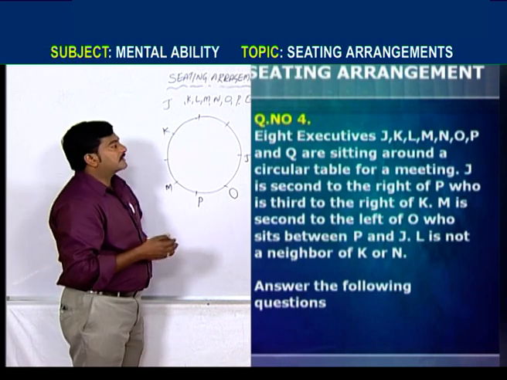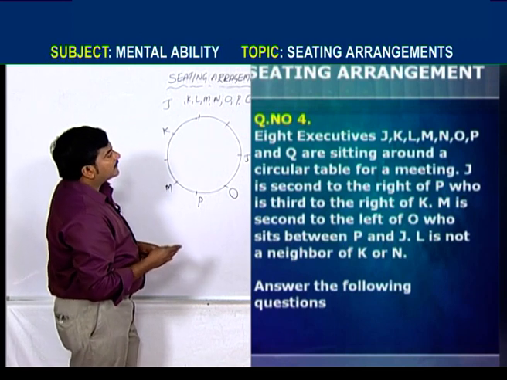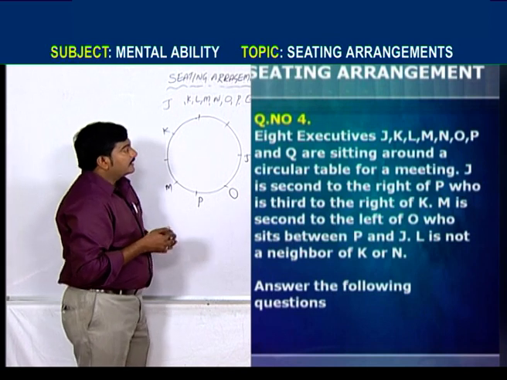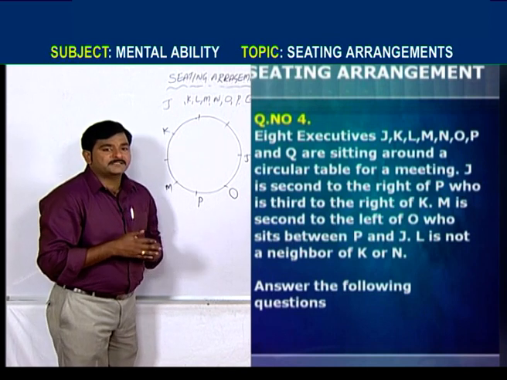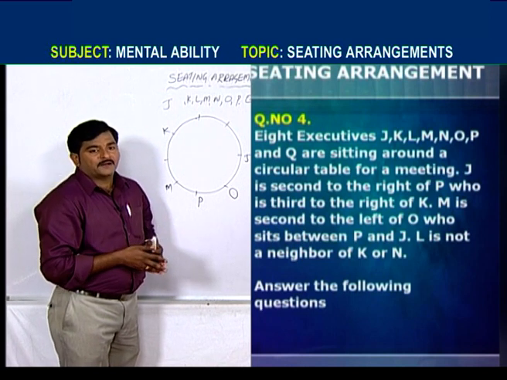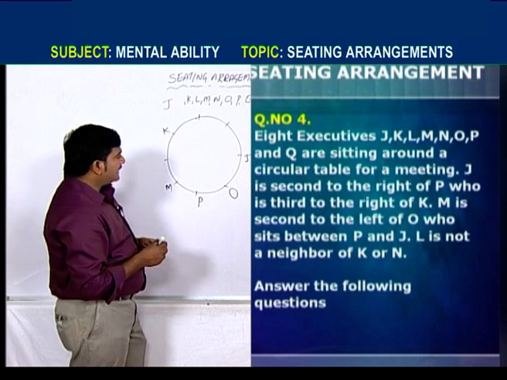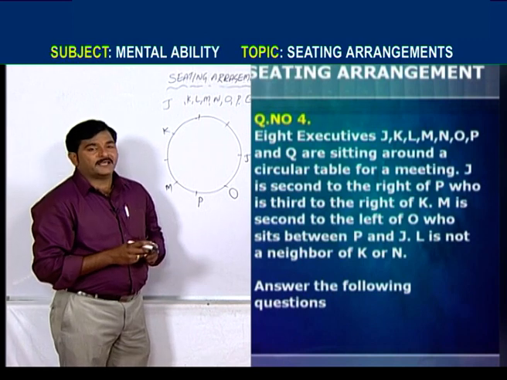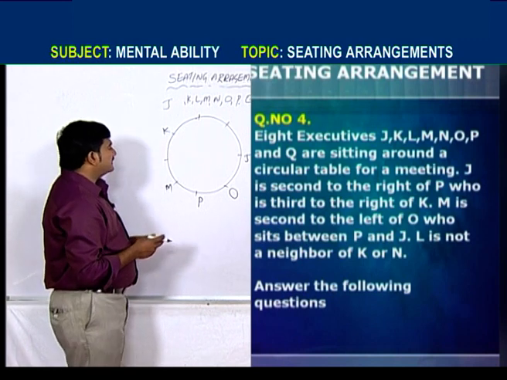Next we will discuss further direct or indirect conditions. What next condition has he given? The next condition is: L is not a neighbor of K or N. What does it mean? It's very clear.